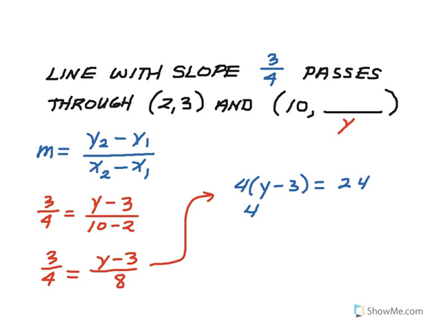So I can either distribute that 4 or divide both sides by 4, either way, and solve for y. So y is 9. And that's it for slope.